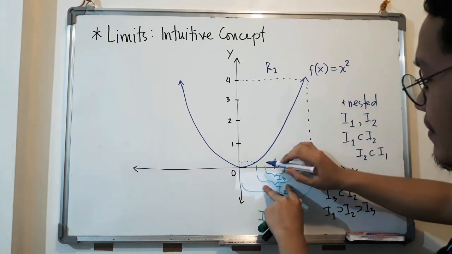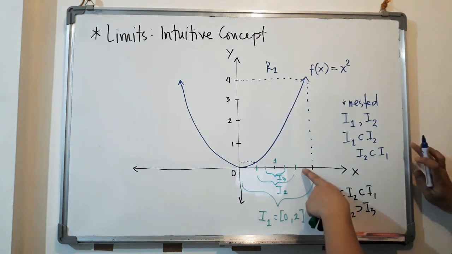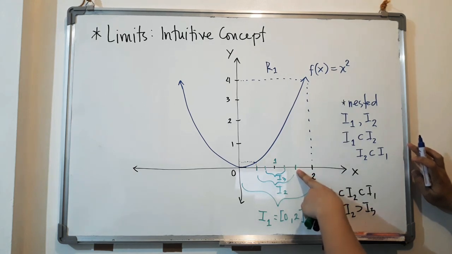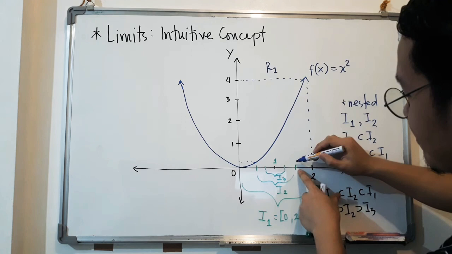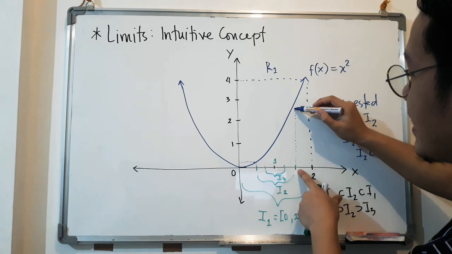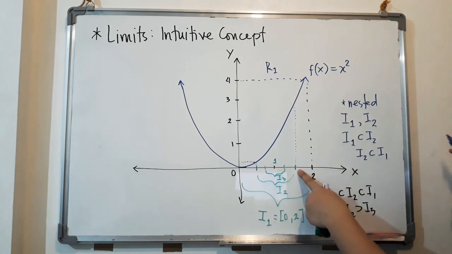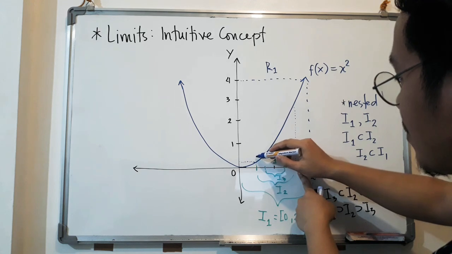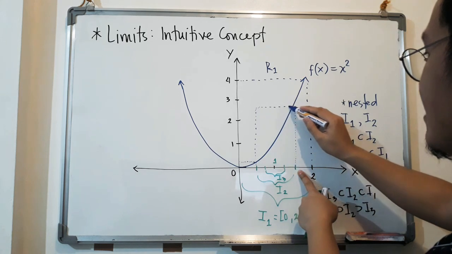And in real analysis we call this the supremum. The supremum of interval I sub 2, this one. This is the supremum, in layman's terms, the greatest value in the interval. And we can enclose this with this rectangle.